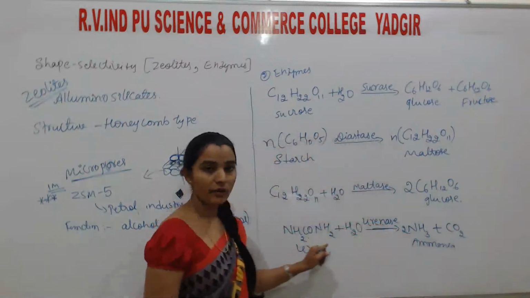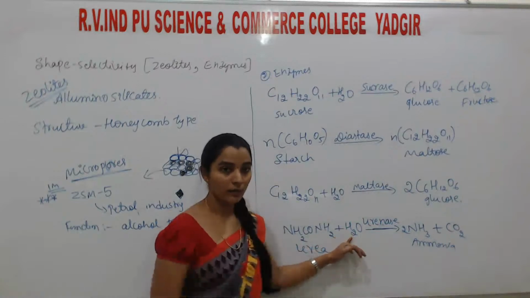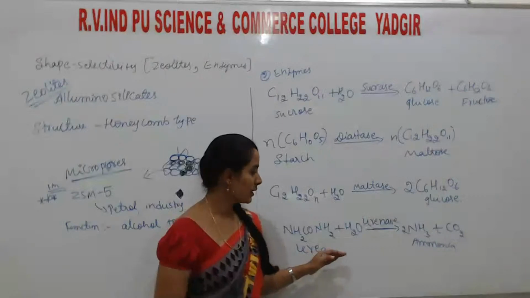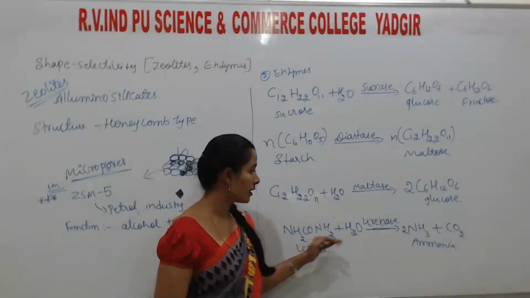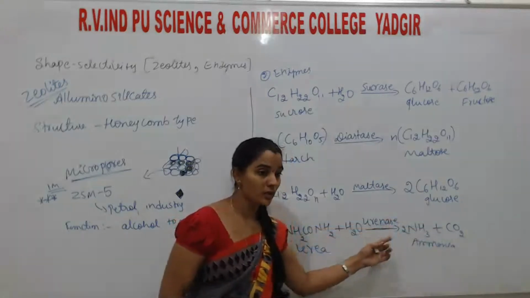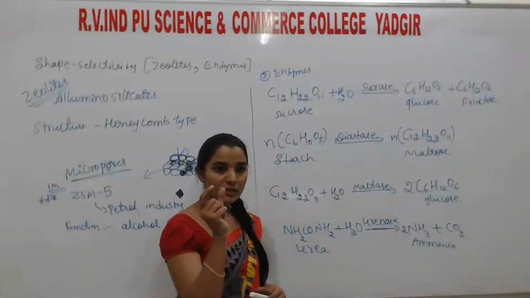This is a fertilizer, you know, urea. When rain comes, the water droplets mix with urea and it forms ammonia as well as CO2. For this conversion, the enzyme required is urease. They are required in very small quantities.